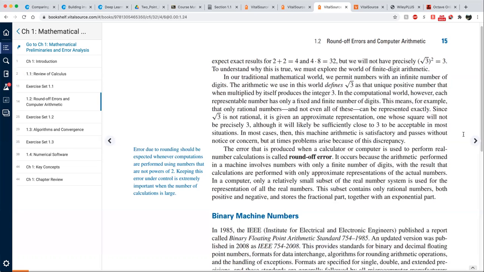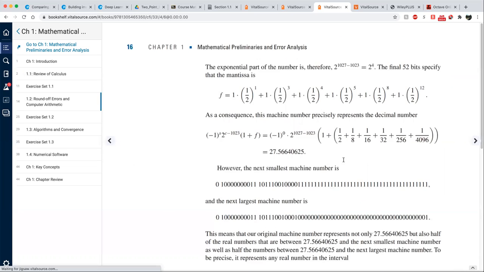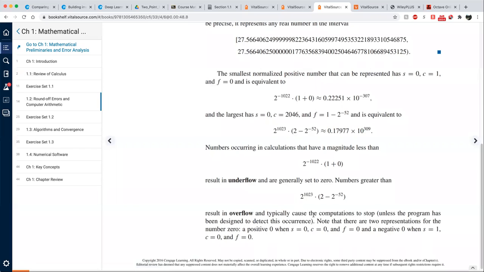Then underflow is when you get a really small number that the machine cannot handle. Overflow is a really big number that the machine cannot handle. That all depends on the machine's performance and the software.